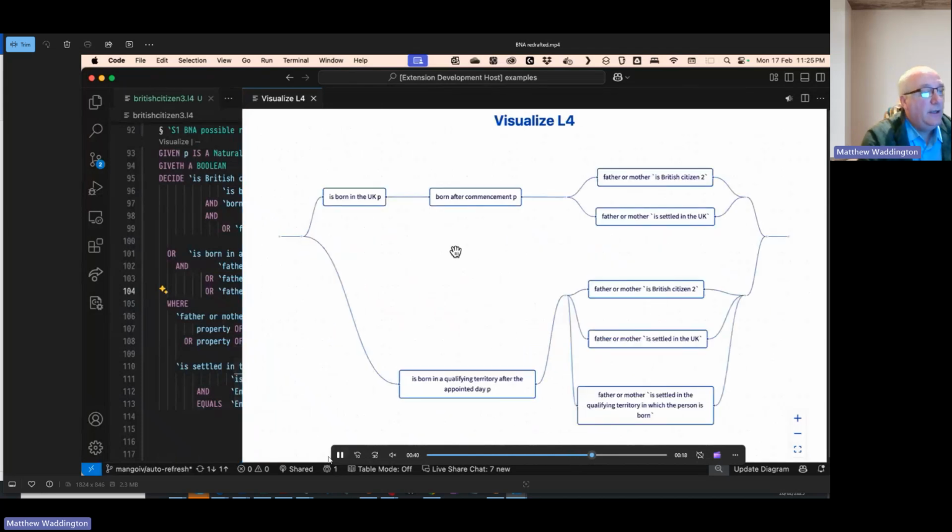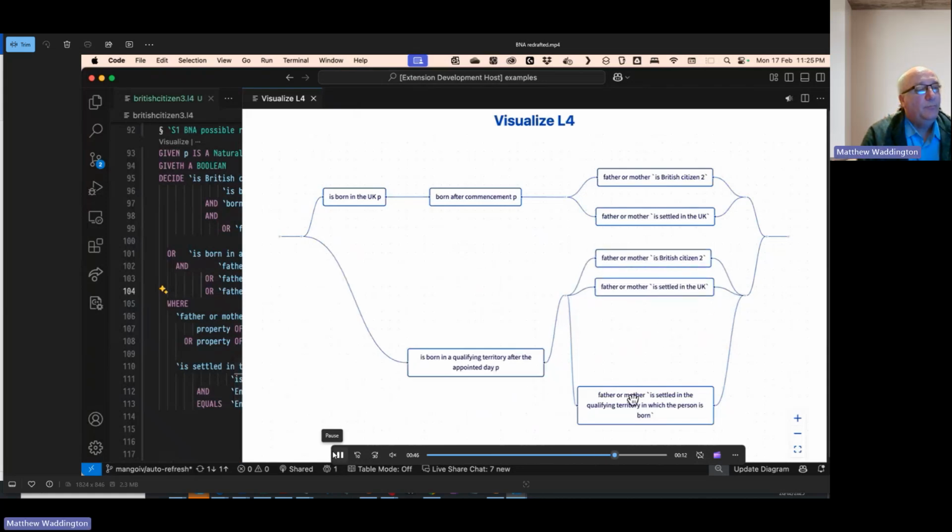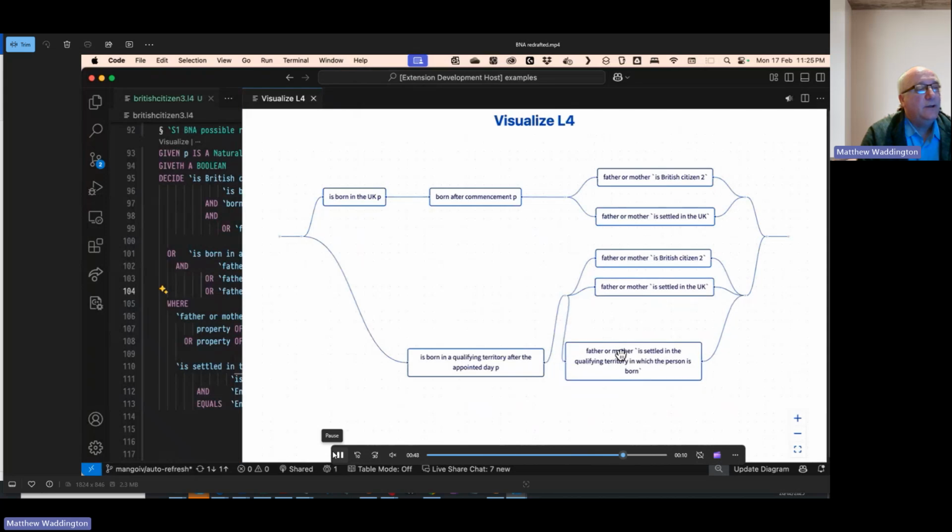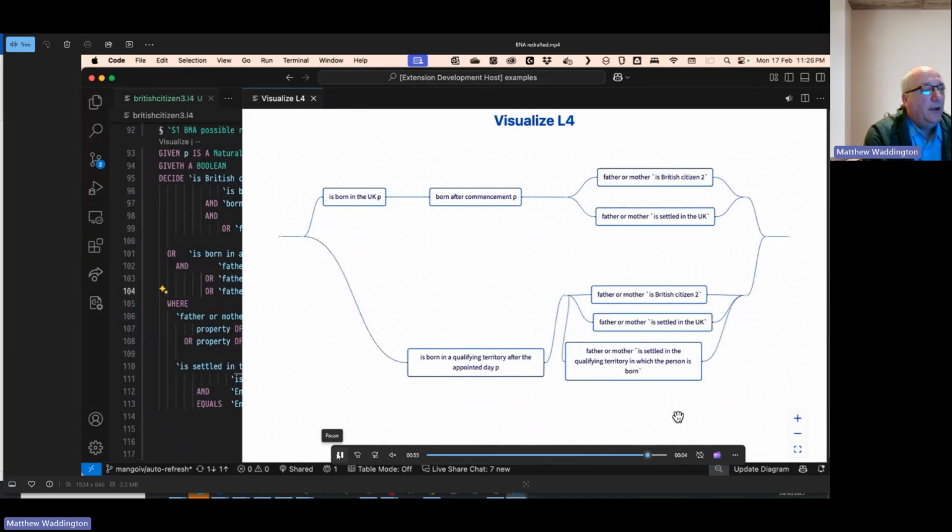You can then see that they are different things. The problem, obviously, is that there are two factors that are repeated as against this extra one.